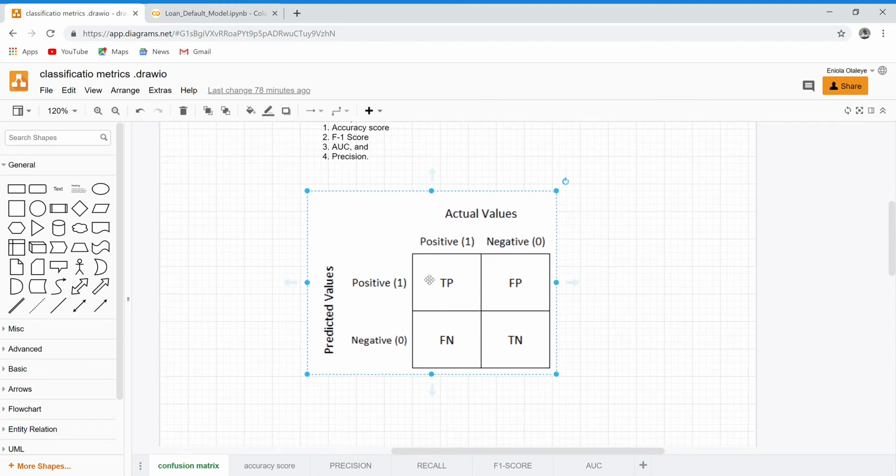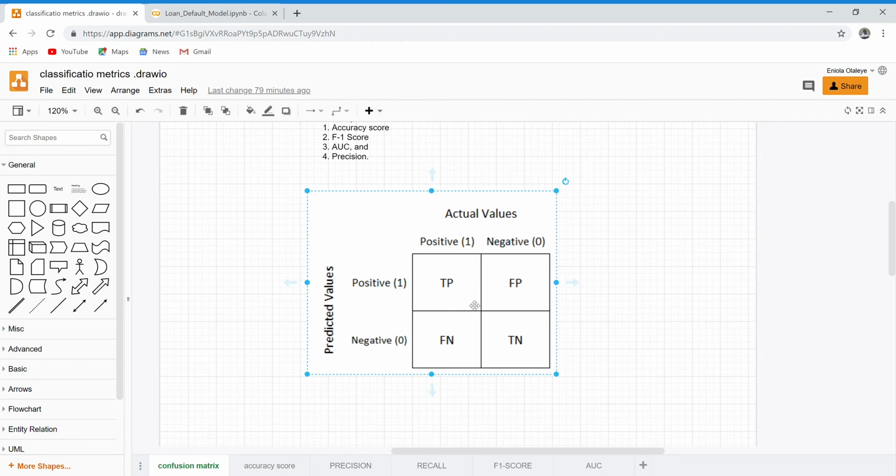Now let's look at the confusion matrix very well. From the name matrix, I think that's why we have the diagram, the boxes: TP, the true positive, FP, the false positive, FN, false negative, and TN, true negative. I don't know why it's named confusion matrix, but maybe because you get confused.